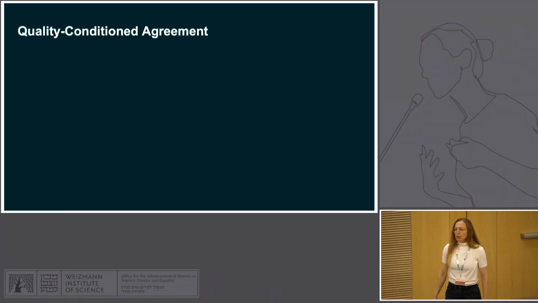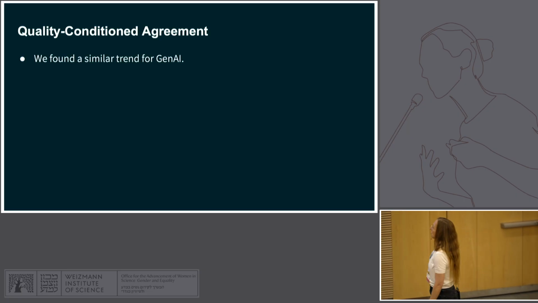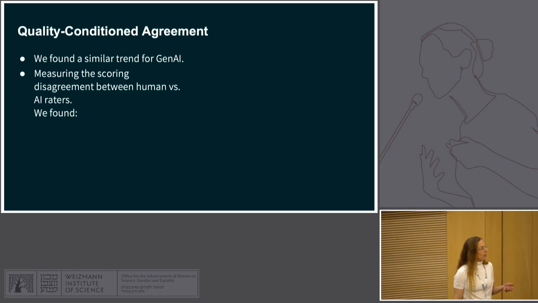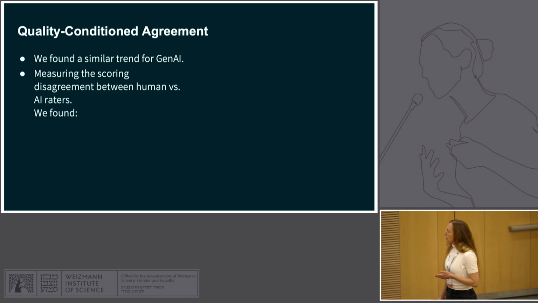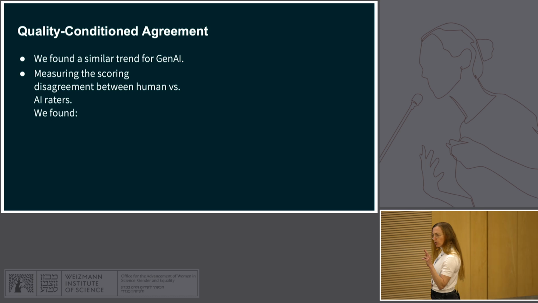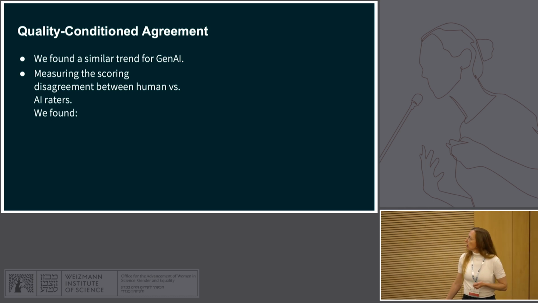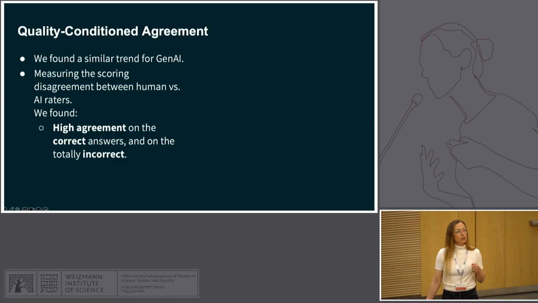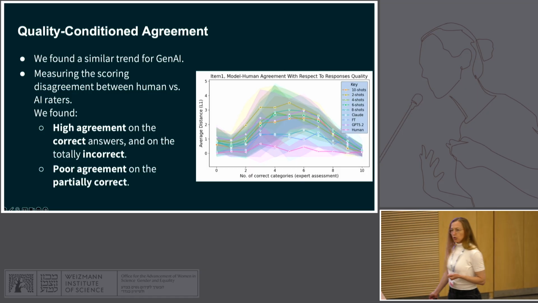We see a similar trend in generative models. We measured the disagreement between scoring of AI raters with various generative models and compared it to human raters. So we compared human-to-human agreement and AI models-to-human agreement. We found high agreement on correct answers and on the totally incorrect, but poor agreement on the partially correct.